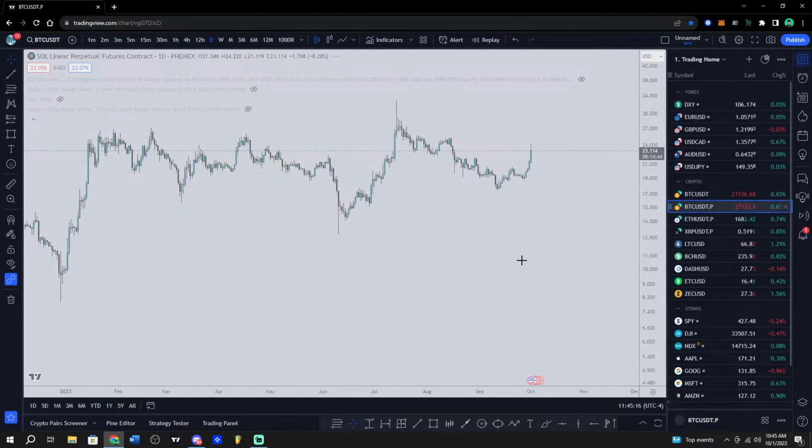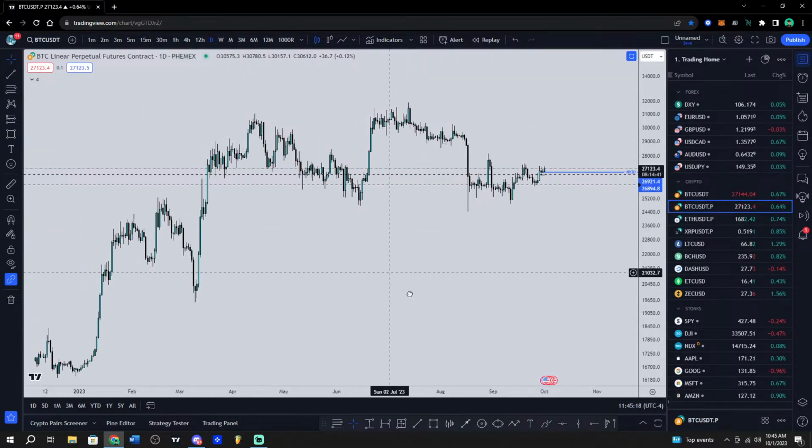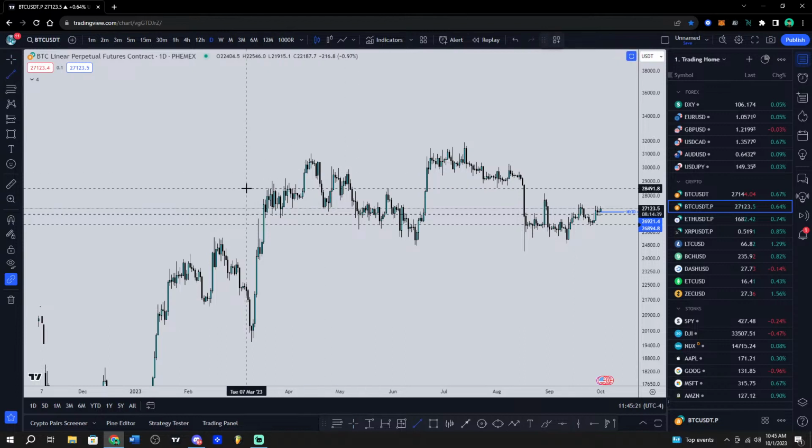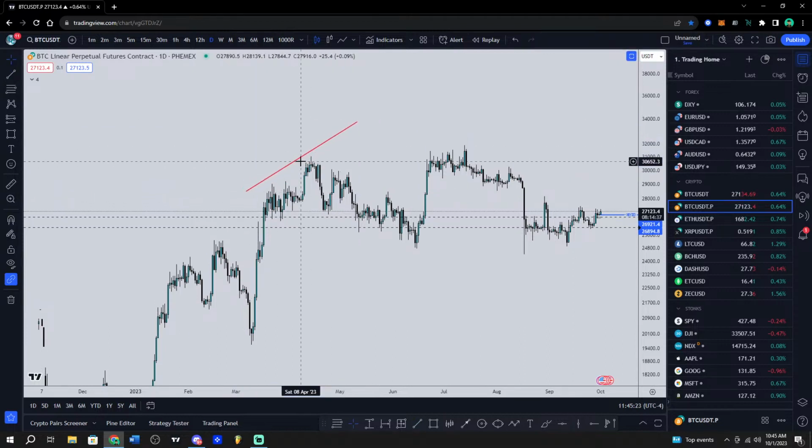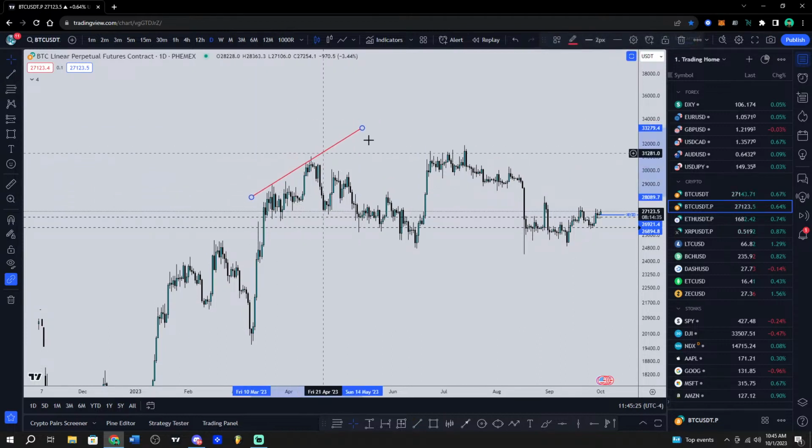Let me find Bitcoin. I would just take the tips of wicks, and then I would do the bodies. Wherever the most connections are. Most taps. It's always the most, too.